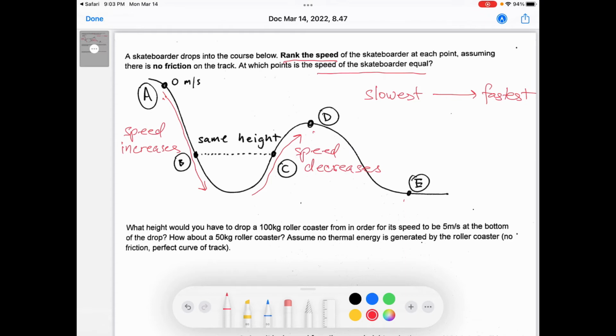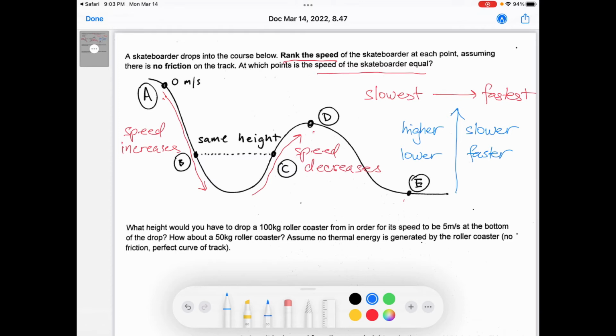Okay, so what that means is that the higher up you are on this hill, the slower your speed. And the lower you are on this hill, the faster your speed.